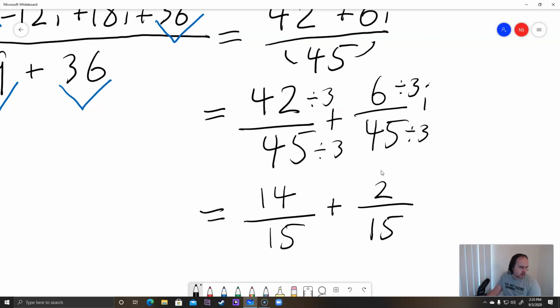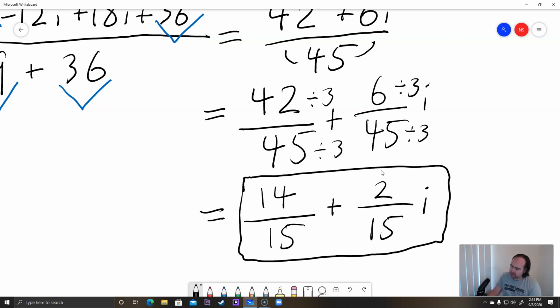So you should have 2 over 15 times i. Our answer is 14 over 15 plus 2 over 15 times i. And that completes all of the operations with complex numbers: addition, subtraction, multiplication, and division.